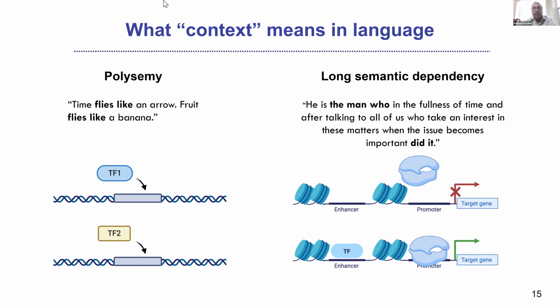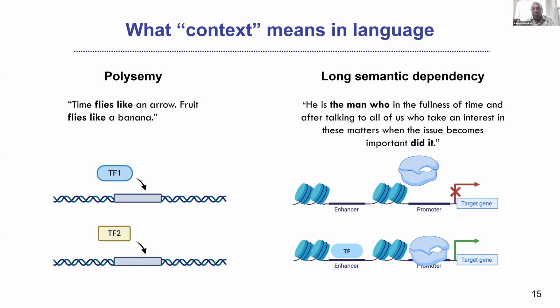So there is a context here. Similarly, in the DNA sequence, there could be a binding site that is present in one promoter, and the same binding site may be present in another promoter. They may do different functions depending on which other words or which other binding sites are present. Similarly, the meaning of a combination of words may depend a lot on the downstream words.